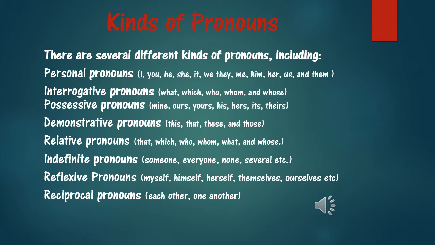Demonstrative pronouns: this, that, these, and those. Relative pronouns: that, which, who, whom, what, and whose. Indefinite pronouns: someone, everyone, none, several, etc. Reflexive pronouns: myself, himself, herself, themselves, ourselves, etc. Reciprocal pronouns: each other, one another.